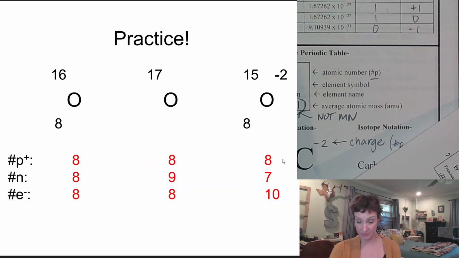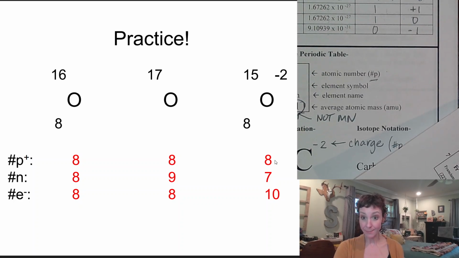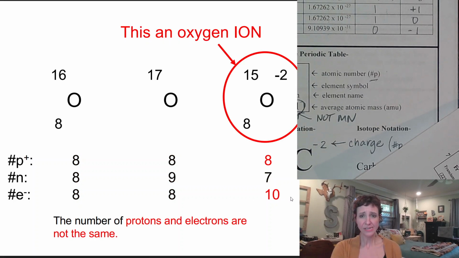Or this is how I do it in my brain: I ask myself, it looks like I have 2 more negative things in my atom than positive things. Well, I know I have 8 positive things. If I have 2 more negative things than positive things, then that means I have 10 negative things. We'll do lots of practice on this. So that's an oxygen ion.